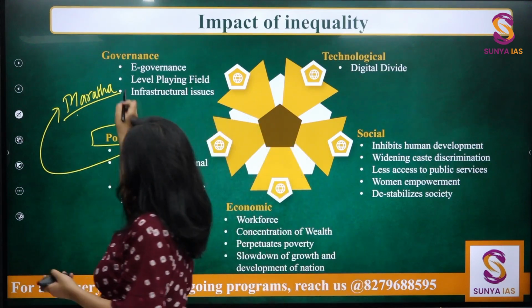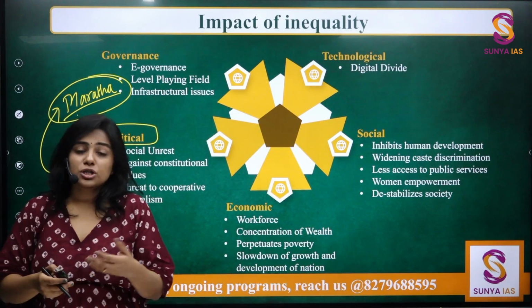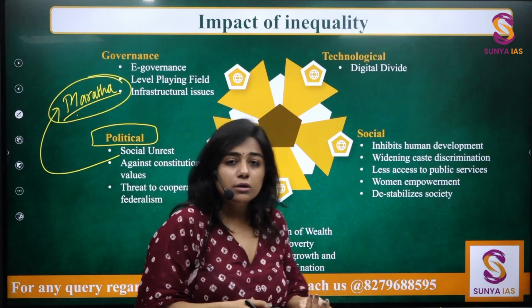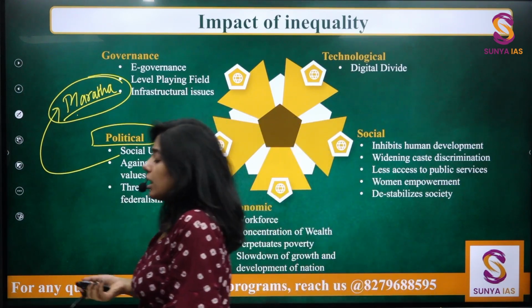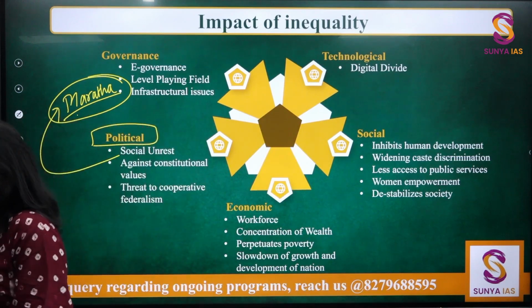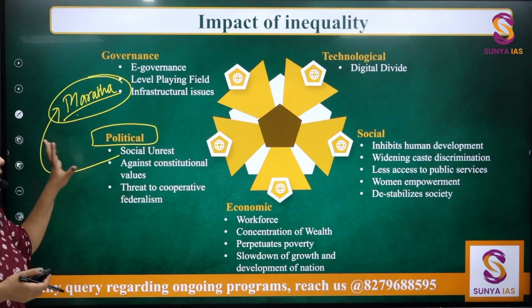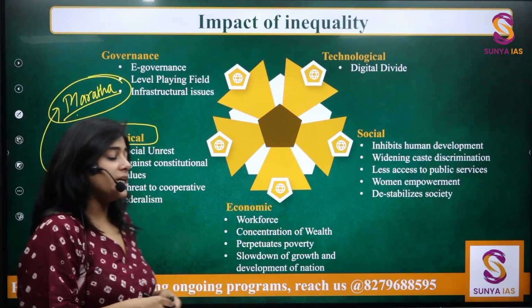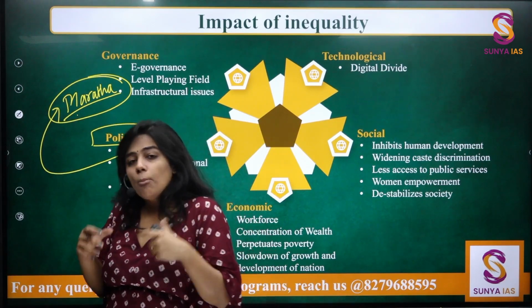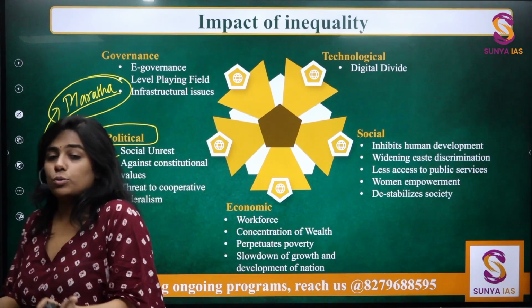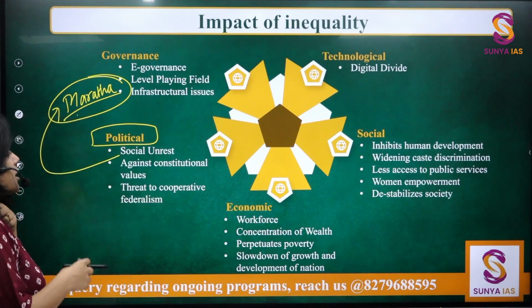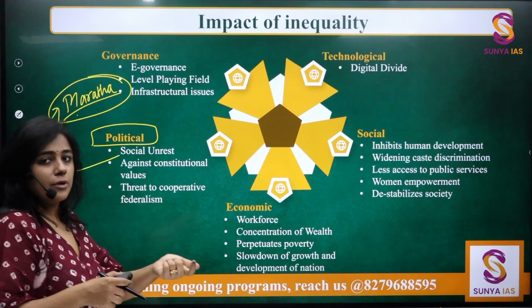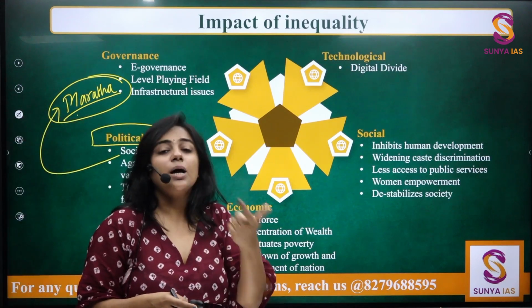Because Marathas are not socially backward castes. They are actually one of the advanced, so-called upper castes. Why are they having this demand for reservation? Because the economic condition is not good. Whenever such a demand comes up, it will only be because the economic condition is not good. There is wealth inequality, there is income inequality.